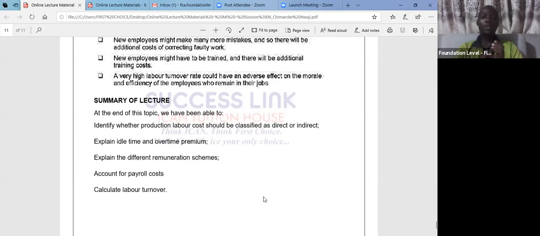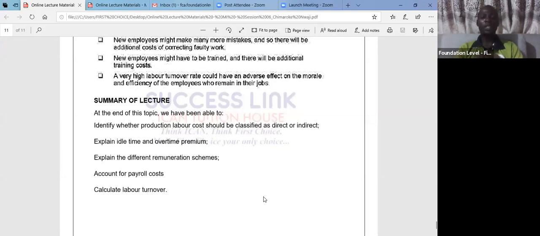And we said another circumstance that could be an exception is overtime premium. When they work overtime, all the time spent working should be calculated and the base rate paid. But for the time that is over and above the normal time, you add the premium to that time alone. That premium you are adding is treated as indirect.